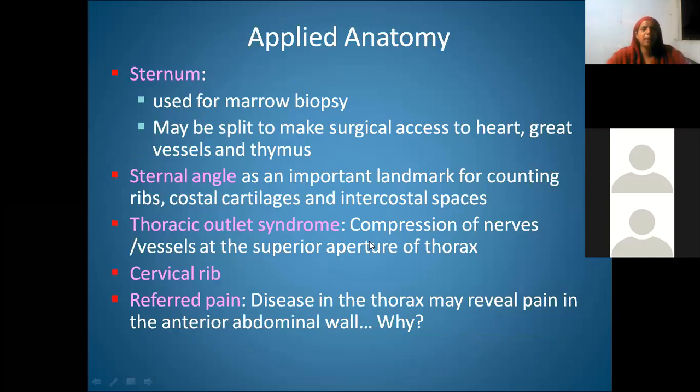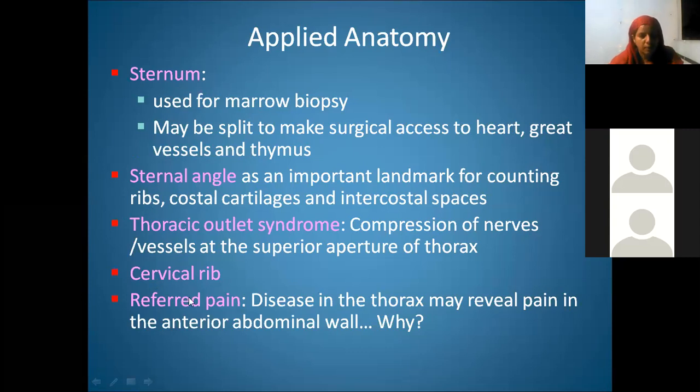Now coming to the applied aspects of the intercostal space. The sternum is the place usually used to do bone marrow biopsy. The sternal angle is also called the angle of Louis, which is the junction of manubrium and body. That is the sternal angle, which is a very important landmark for counting ribs.